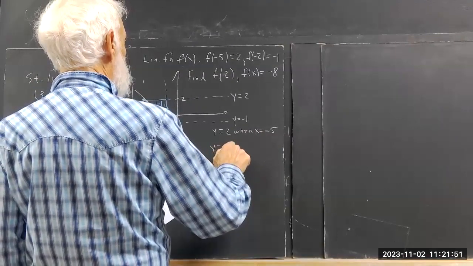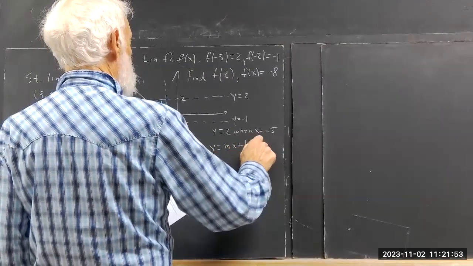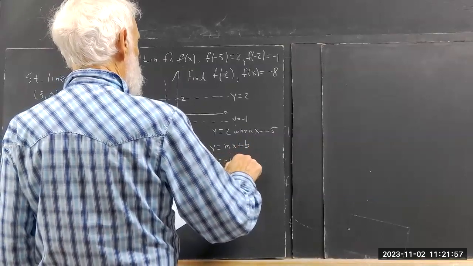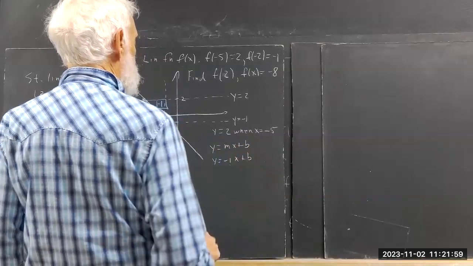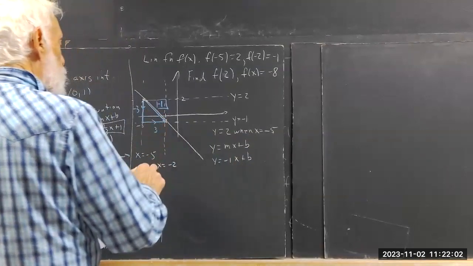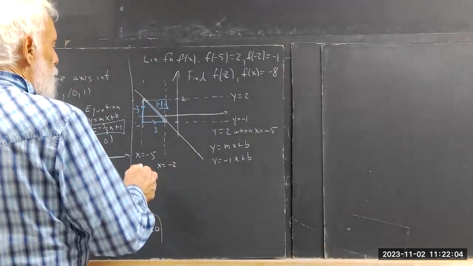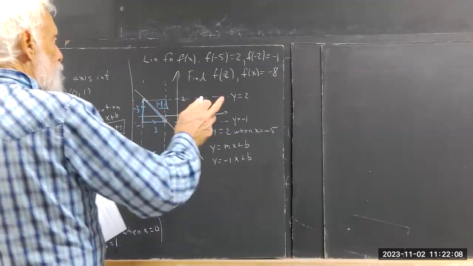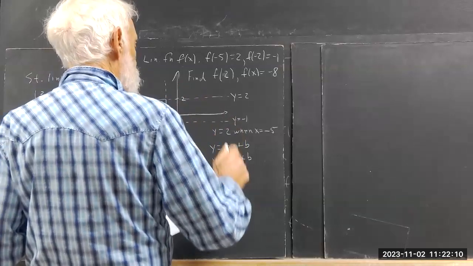So we have y equals mx plus b, y equals negative 1x plus b. And then using the coordinates of either of these points, we use the coordinates of this point, which are negative 2, negative 1.